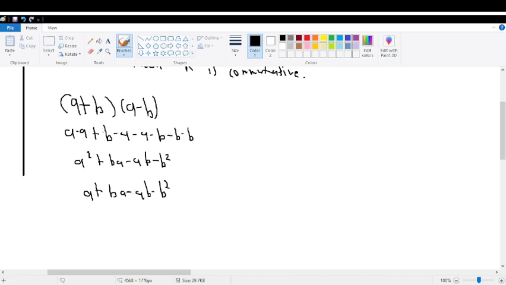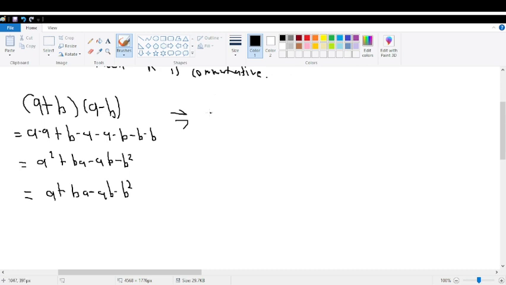Now, notice that since these are all equalities, this then implies that we have a plus ba minus ab. It shouldn't be b squared here. I was being dumb here. Give me a second. Actually, no, not that.